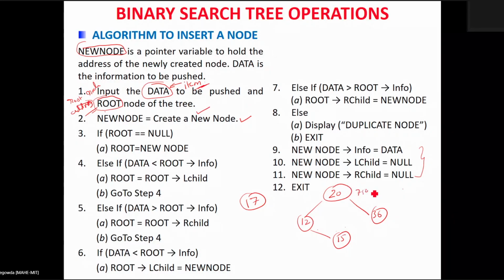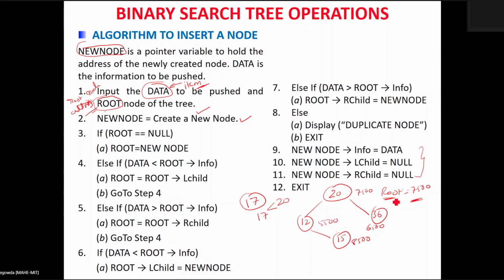This will not be executed right now for this example because the root is not equal to null. Suppose the address is 7500, this may be 6500, this may be 5500, and this may be 8500. Your root is holding the value 7500, which is the address. Now you are going to compare 17 with the root info. Root points to info means you are accessing the value 20. So 20 is greater than 17, which means you have to traverse left.